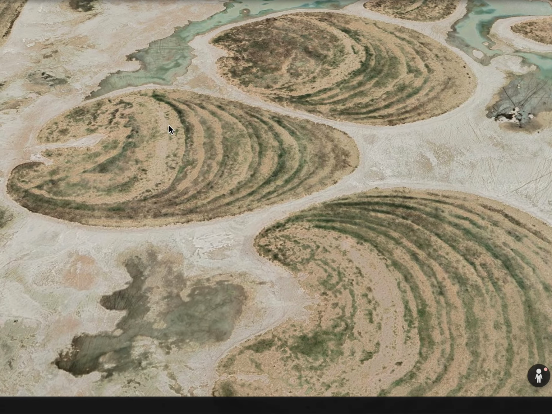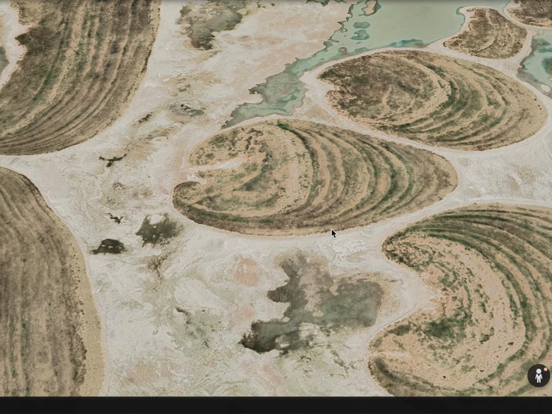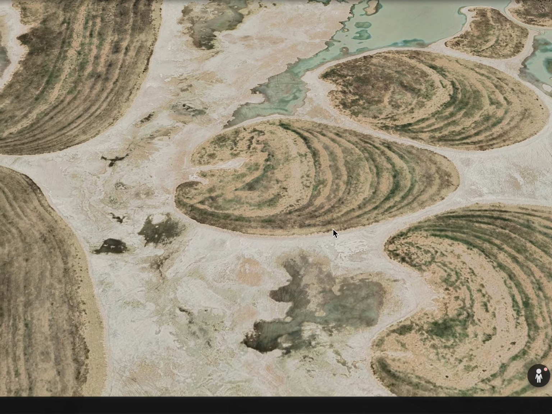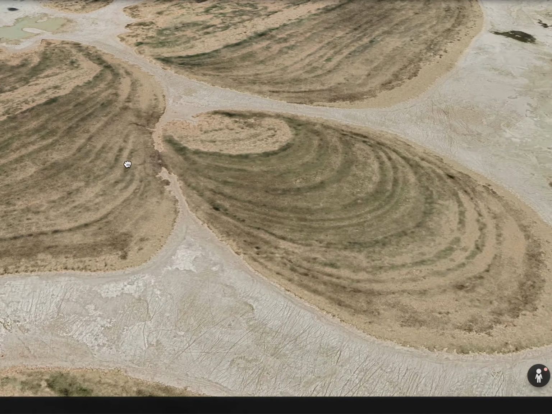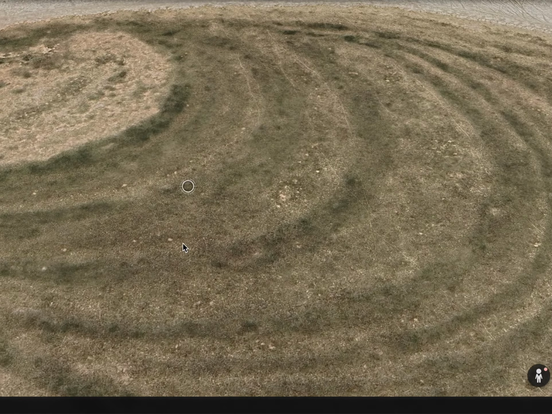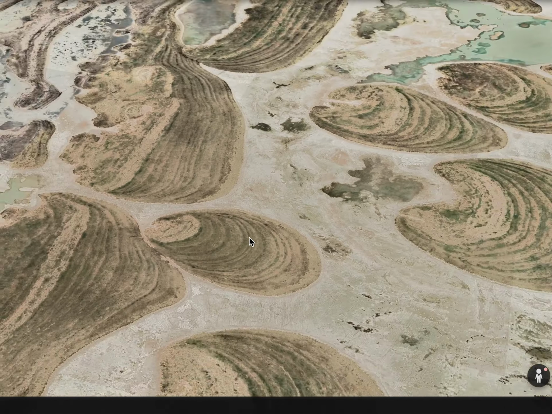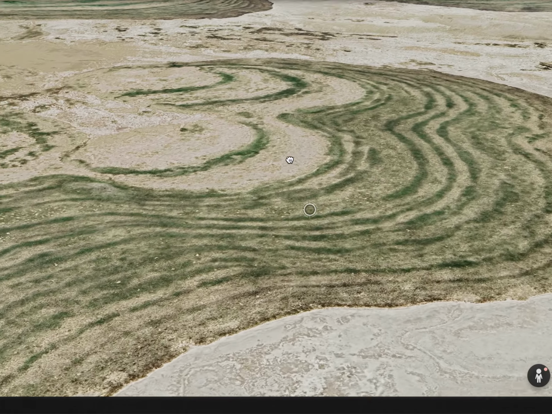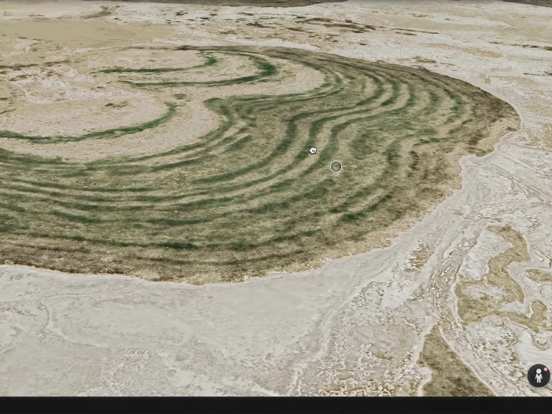Now, this right here is very interesting. Why are there all these layers to these mounds? Well, I can't tell you with exact certainty, but I got a few ideas. They could be water level lines, right? But what I think these could also be, oh man, these are way too clean. Yeah, these are probably water level lines based upon how clean they are.